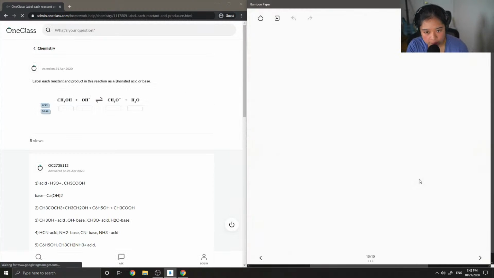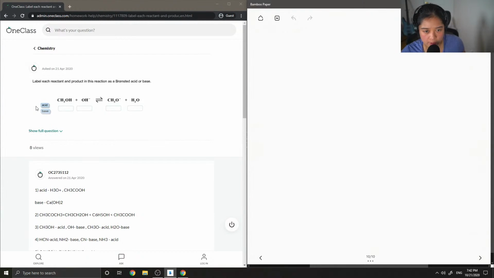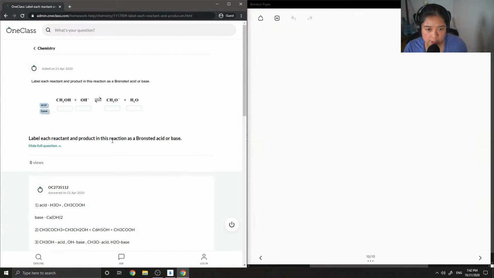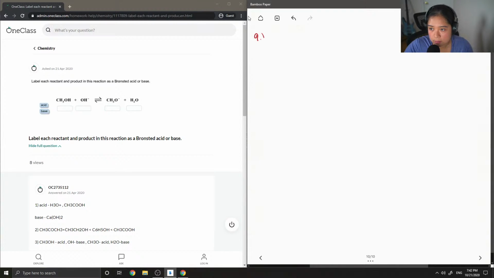Okay, so I think we have room for one more quick question. Label each reactant and product in this reaction as a Bronsted acid or base. Okay, so let me write down the definition of a Bronsted acid.